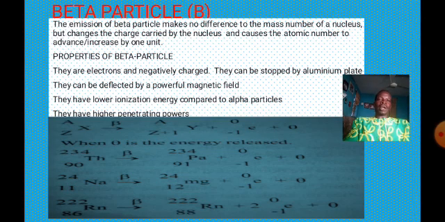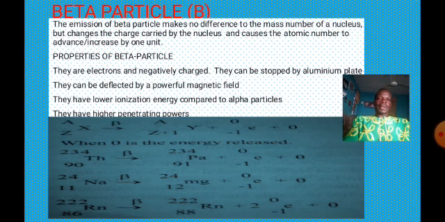What are we talking about here? A beta particle has one charge, that is -1. So the atomic number of the new element will be increased by 1, while the mass number has no difference.